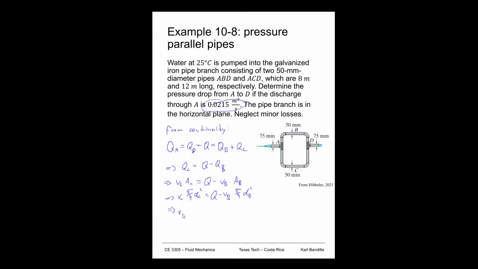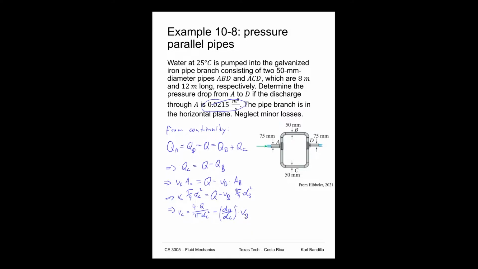So we said VC would then be multiplying by 4. So 4Q divided by pi times DC squared minus pi over 4, they'll cancel out. So we'd have DB over DC squared times VB.